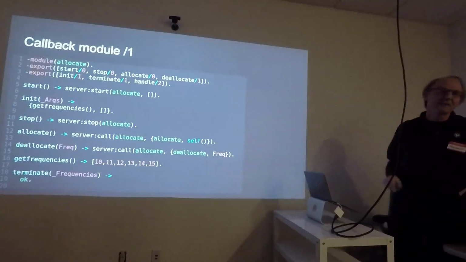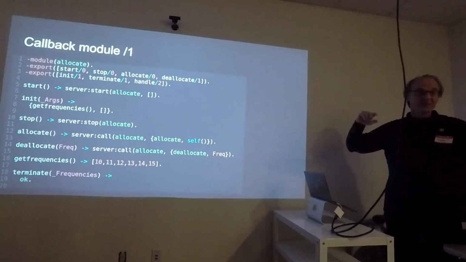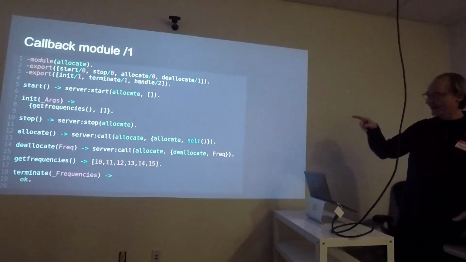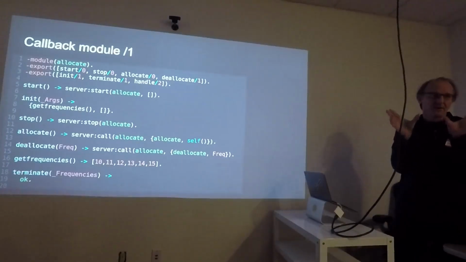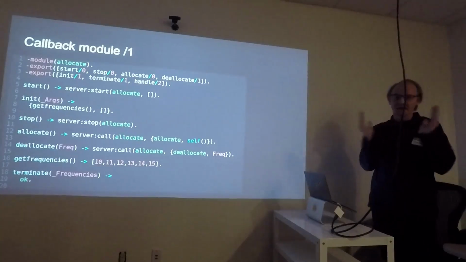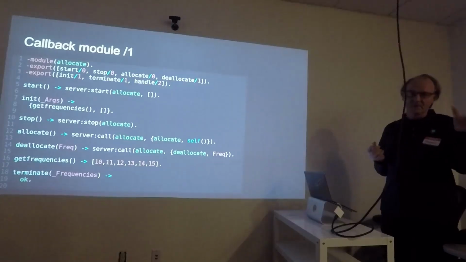So get frequencies specifies all the mobile frequencies available from 10 to 15, all 6 of them. And then the frequencies thing in this is basically just 2 lists.